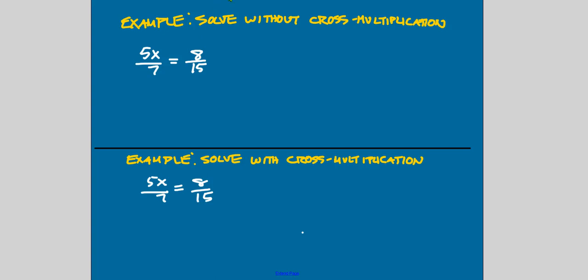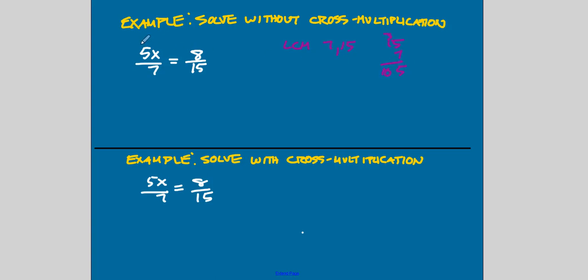The first way, I'm going to use the property of the least common multiple to solve this, and I need to find the least common multiple of 7 and 15. Those two have no common factors, so I'm just going to multiply them together. 15 times 7 is 105.